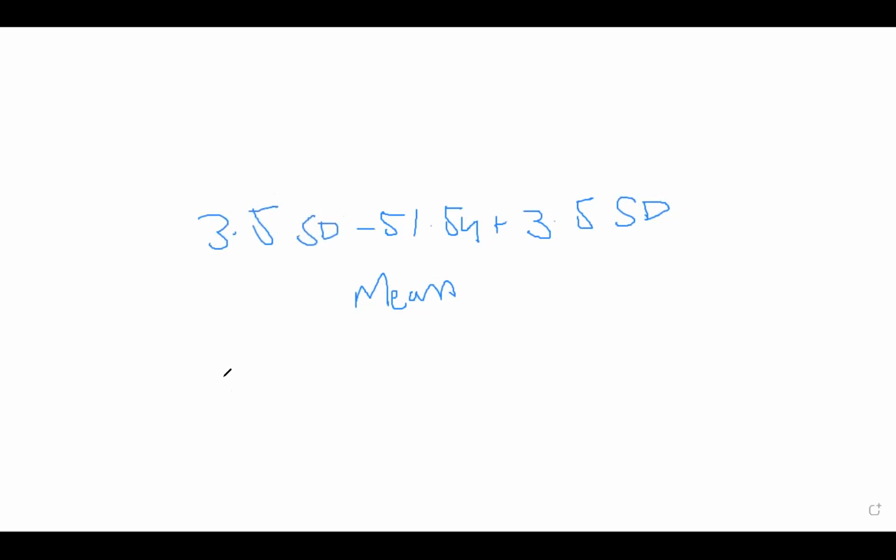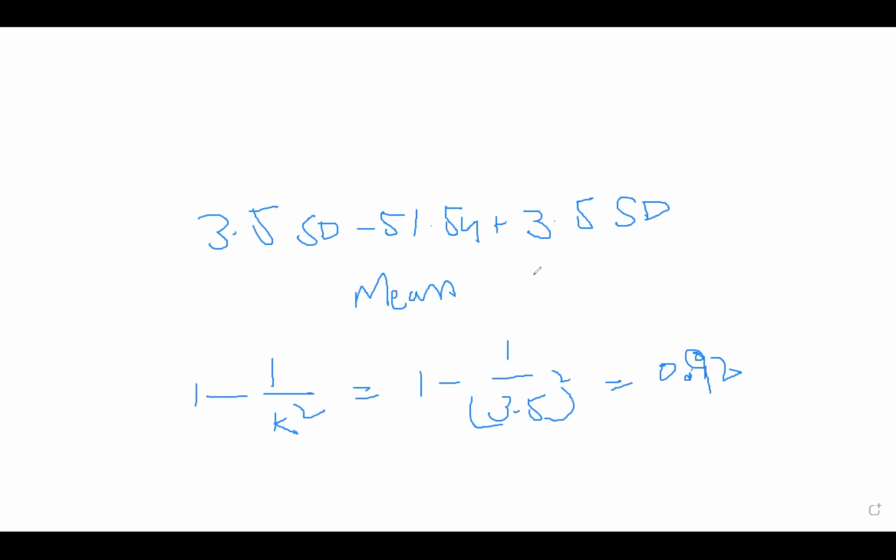If we look at the formula, it is 1 minus 1 over k squared. That would be equal to 1 minus 1 over 3.5 squared, and this would be equal to 0.92.